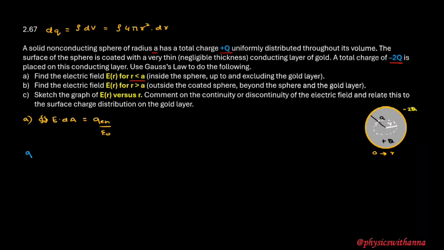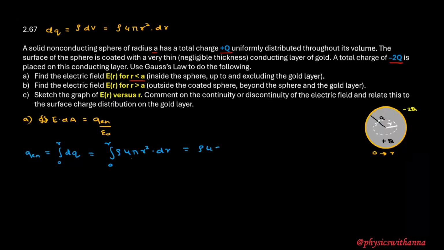So charge enclosed will be equal to integral dq going from 0 to r, which will be equal to integral rho 4 pi r squared into dr. Rho and 4 pi are constant. You can take them out.